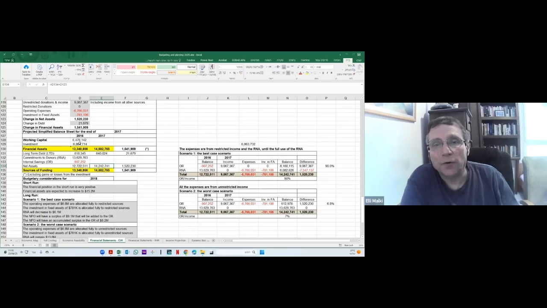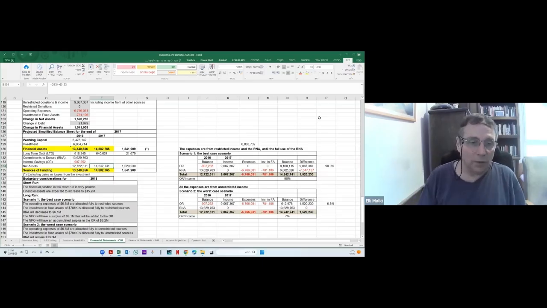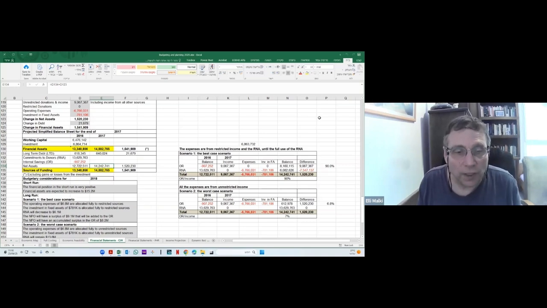These simulations appear here starting from column I all the way to column O, and they present two cases, the worst case scenario and the best case scenario. Okay? Now, it is very useful to have simulations for the worst case and best case scenario because the actual situation, which we don't know, has to fall somewhere between them.